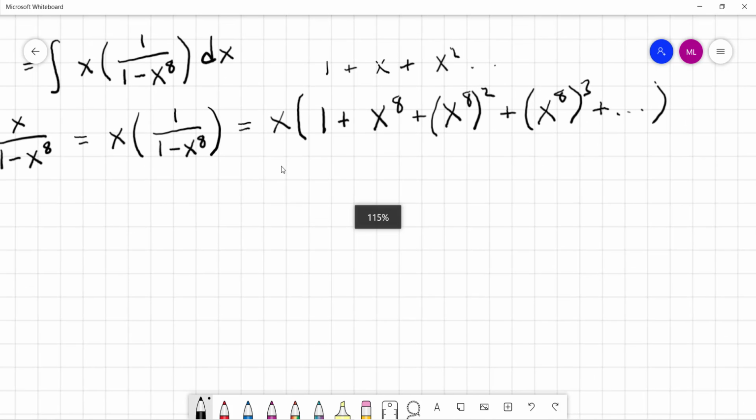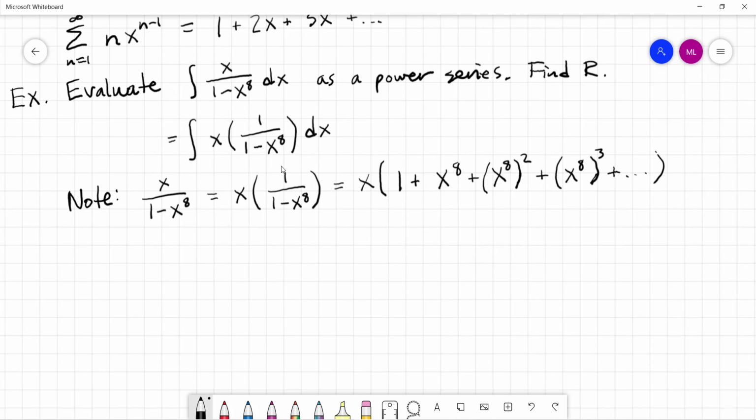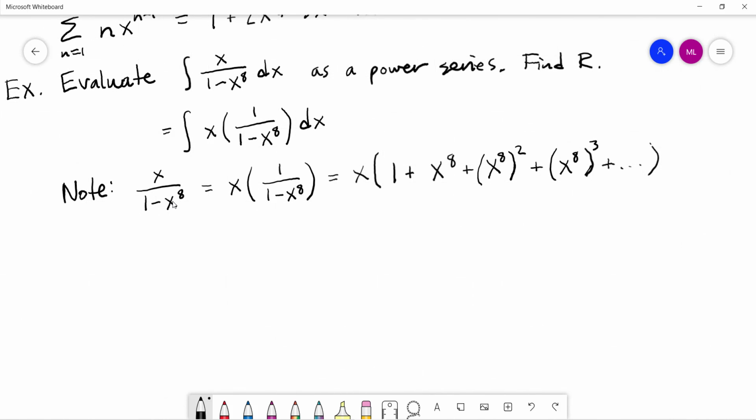Let me zoom in so I can actually write a little more clearly here. Those are a little ugly, but hopefully kind of readable. Turns out my handwriting's not very good when I zoom out. So let's try to write that a little more clearly. So x to the 8th squared, x to the 8th cubed, and so on. So this is what we're looking at.